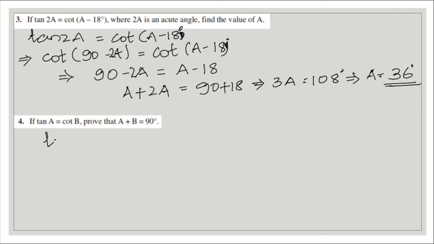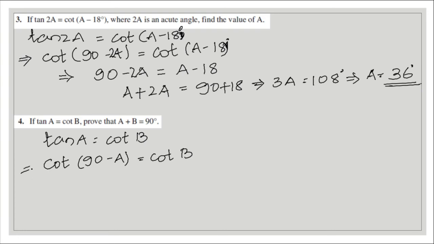Let's consider the given, tan A equal to cot B. I am going to convert this as cot. So cot of 90 minus angle A equal to cot of angle B. This implies 90 minus angle A equal to B. This implies A plus B will become equal to 90. Hence, we have proved it.